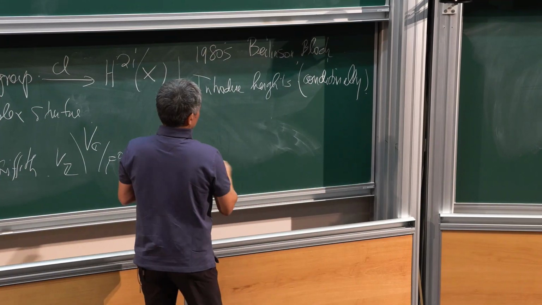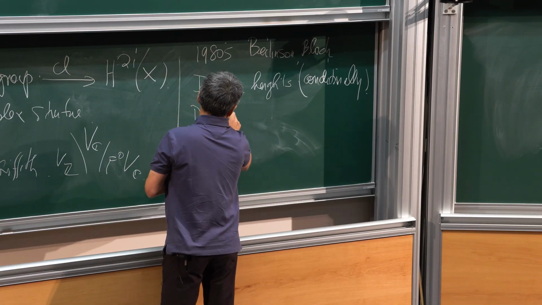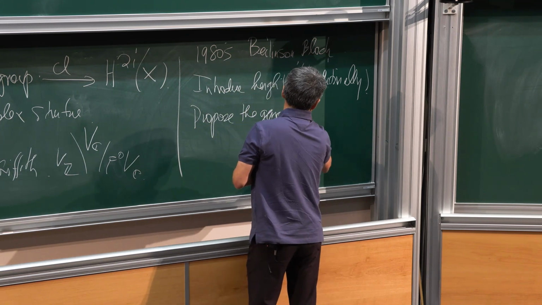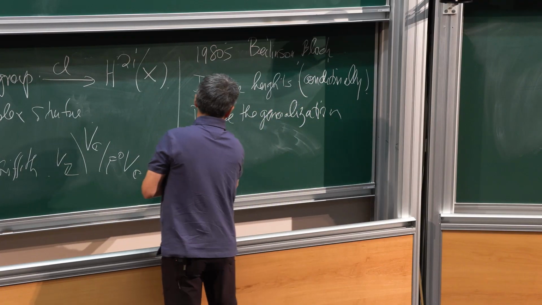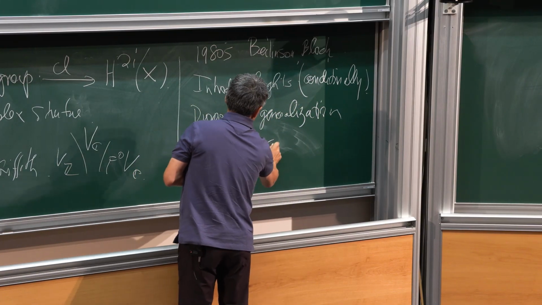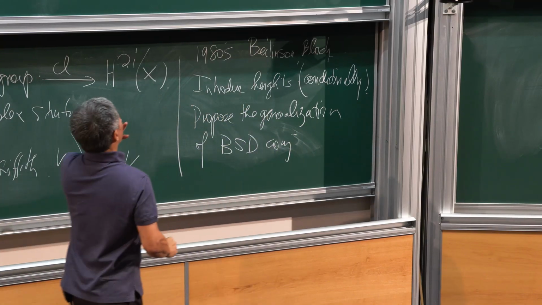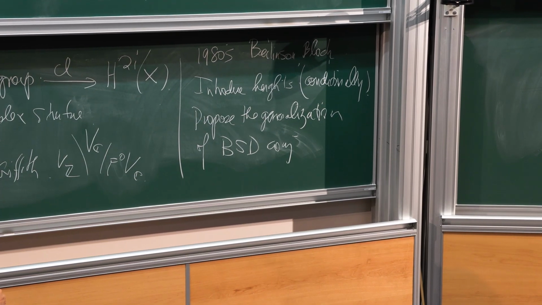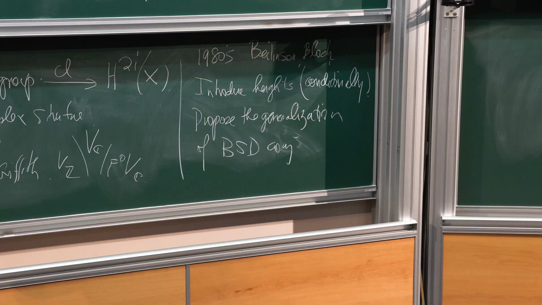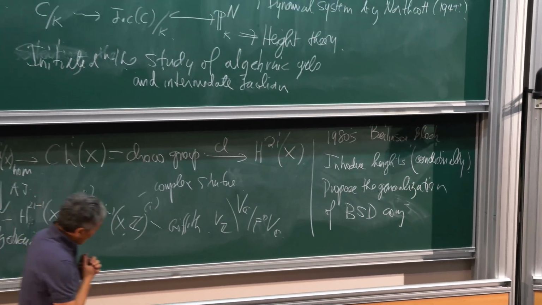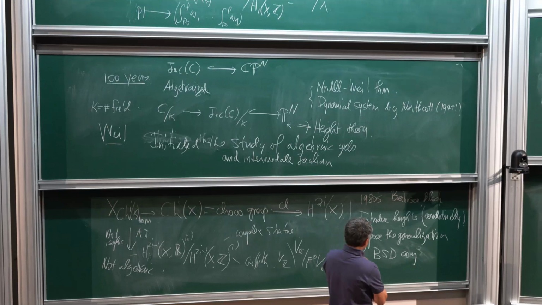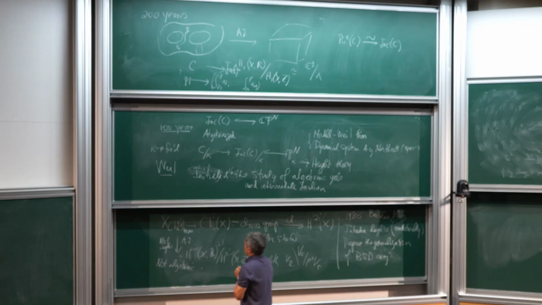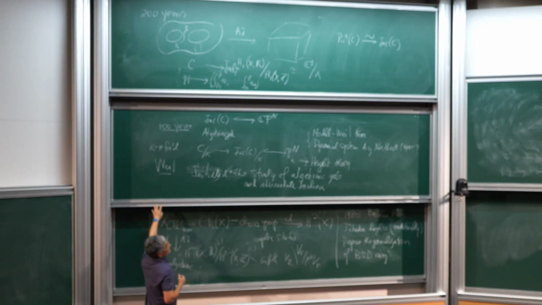And then, of course, they proposed the generalization of the BSD conjecture. So suddenly it became quite an important subject. Of course, in the 1960s we had this remarkable conjecture relating the Mordell-Weil group to the special values of L-functions. Okay, so that's a very general theory.